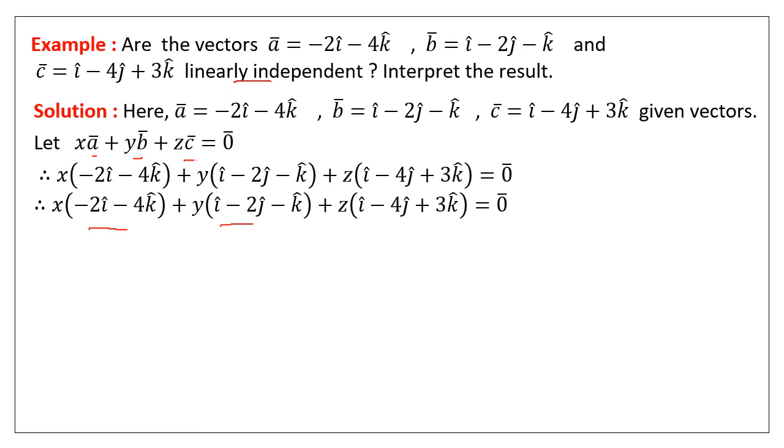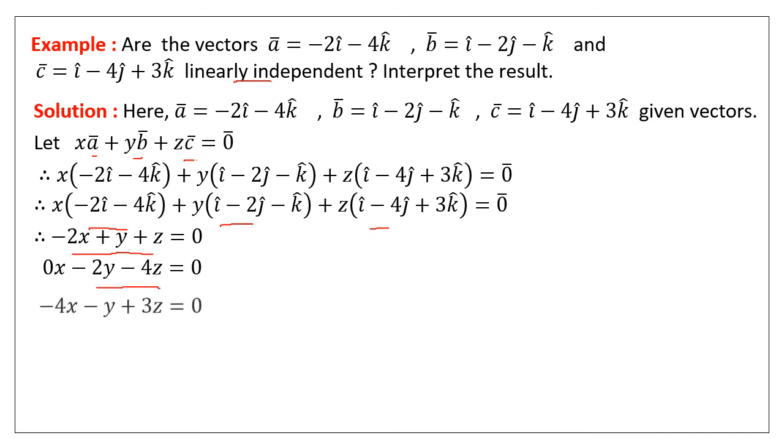So we have, student, from the first, minus 2x plus y plus z equals 0. Then minus 2y minus 4z equals 0.